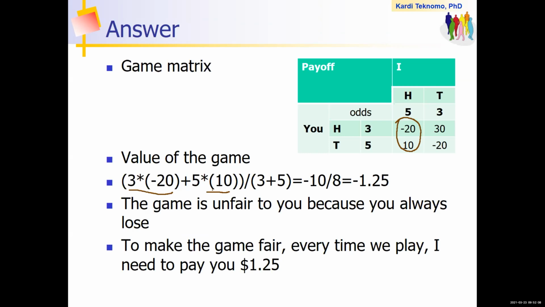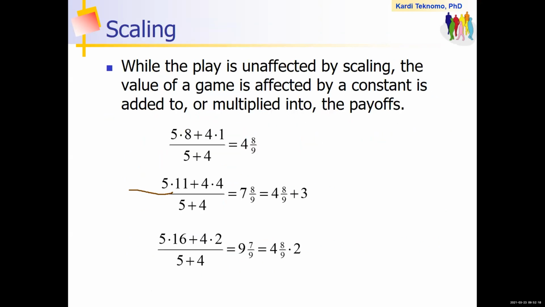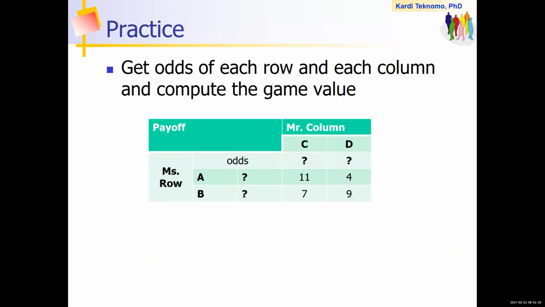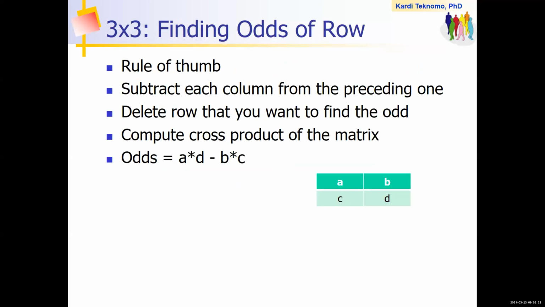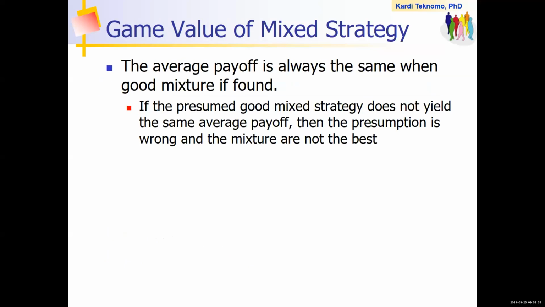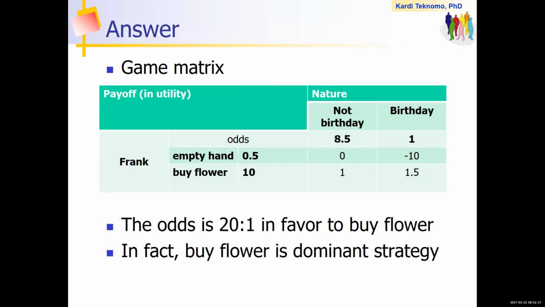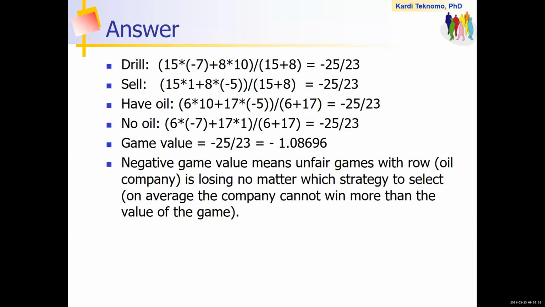Okay. Remember the value of the game. The meaning of the value of the game, you get only once. I think we discussed it last time. So once you get here, you remember this?